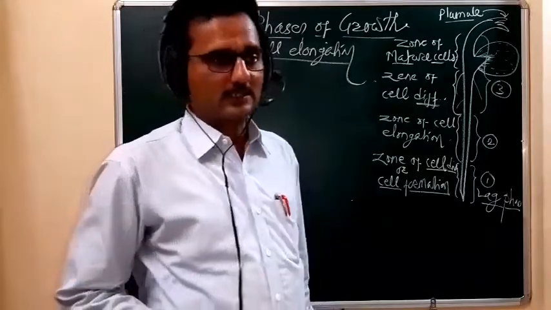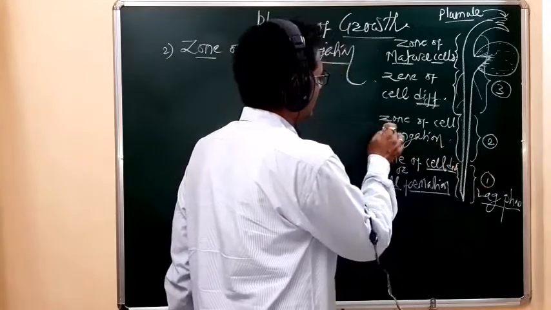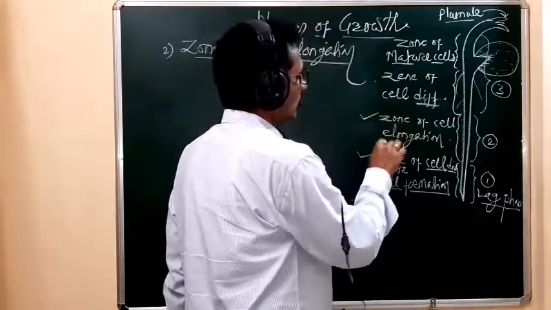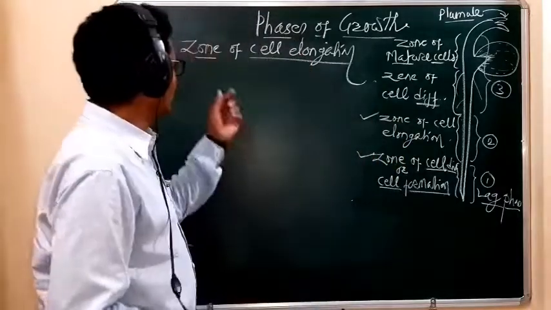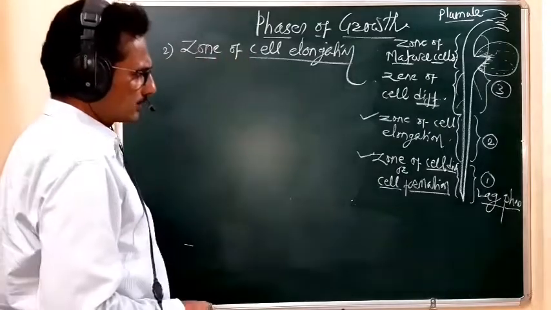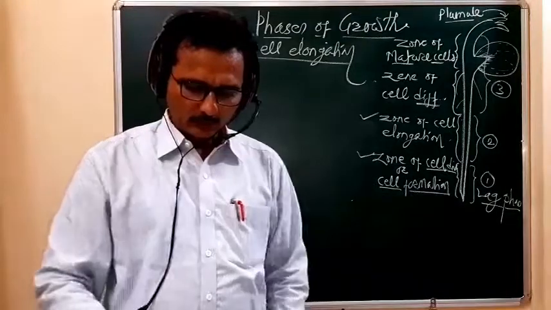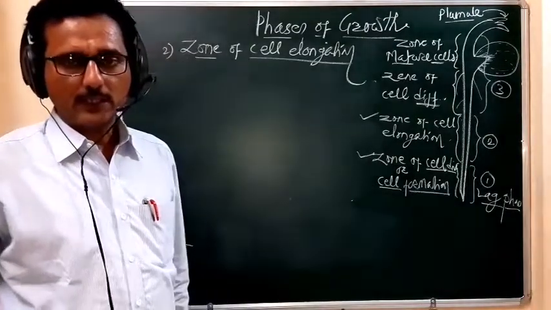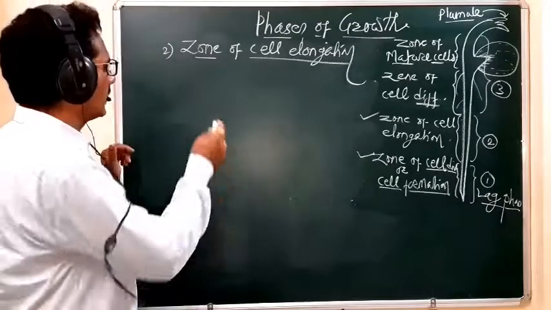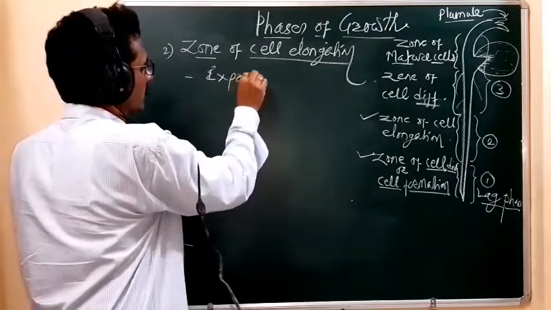Then the next phase, number 2, is the zone of cell elongation. This zone of cell elongation is also called the exponential phase, or the log phase.